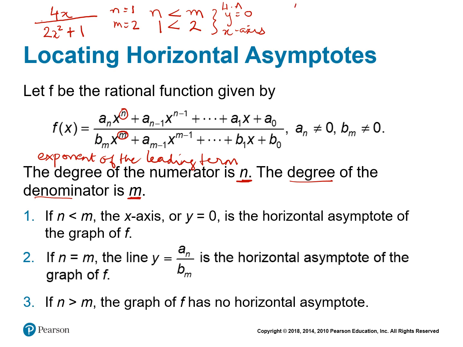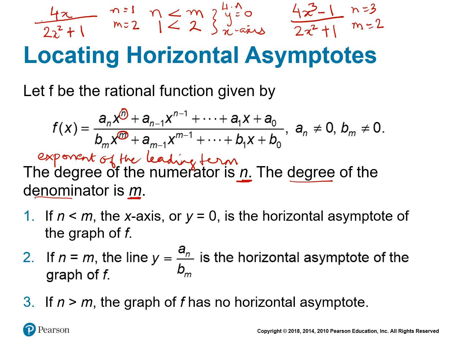Let's take another example, which is, let's say we had, instead of 4x divided by 2x squared plus 1, we have 4x cubed minus 1 divided by 2x squared plus 1. Okay, so again, the same process. We start by looking at the exponents of the leading term. In the numerator, n is equal to 3, which is the exponent of the leading term, and m, which is the exponent in the denominator, equals 2.